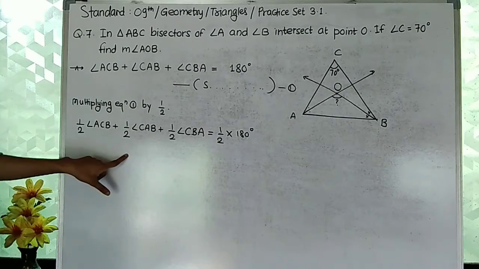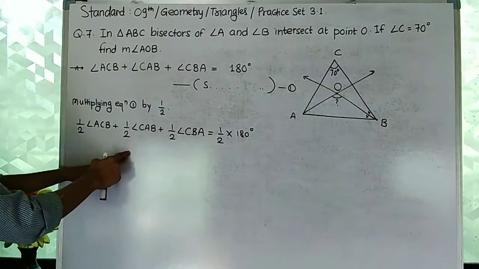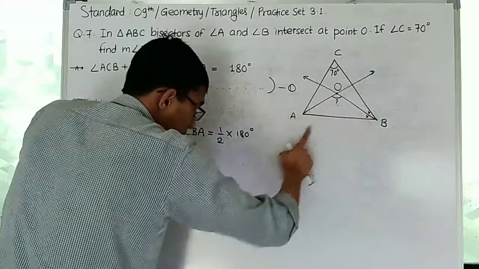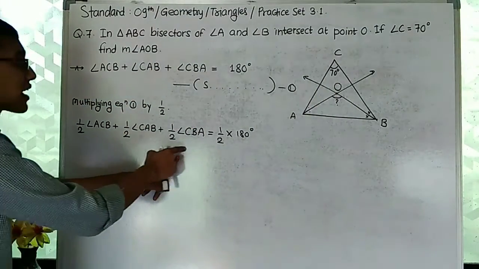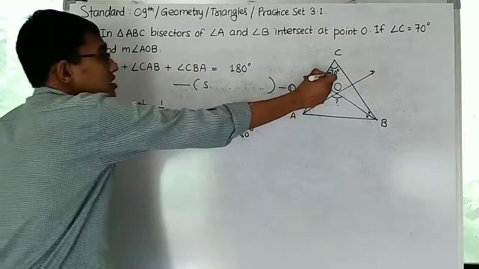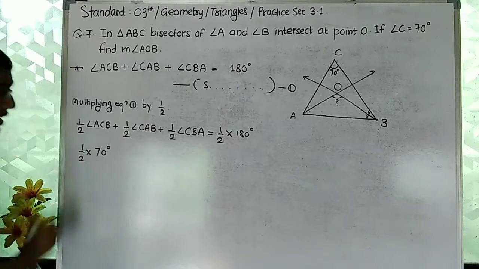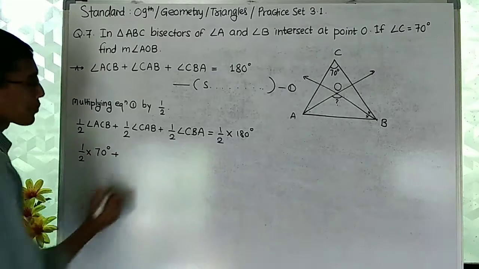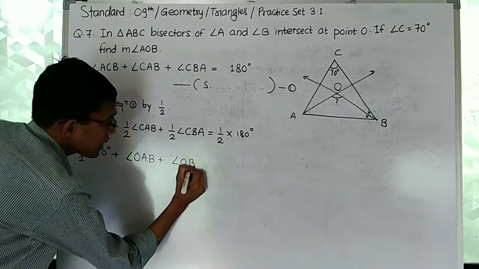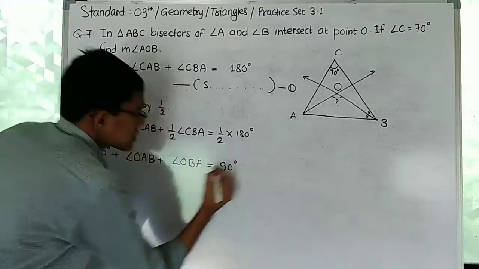So I can write angle OAB in place of half angle CAB. Similarly, I can write angle OBA in place of half angle CBA. And we have the measure of angle ACB, that is 70 degrees. So I will write here half into 70 degrees plus angle OAB plus angle OBA is equal to half into 180, which is 90 degrees.